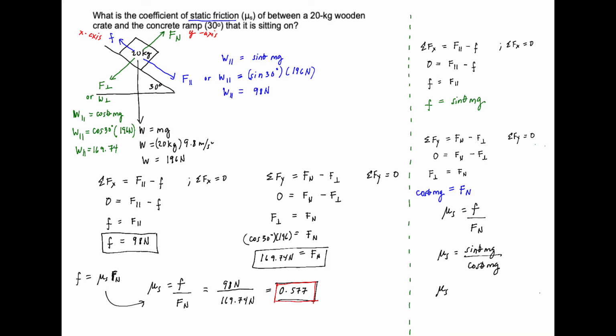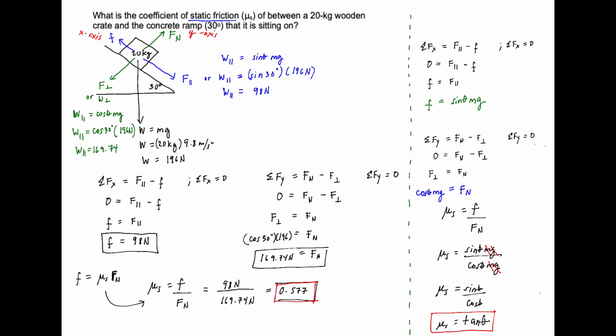And so we could cancel out the mass and the gravity, and we're left with sine theta over cosine theta. And you all know that this function, sine theta over cosine theta, is equal to tangent theta.